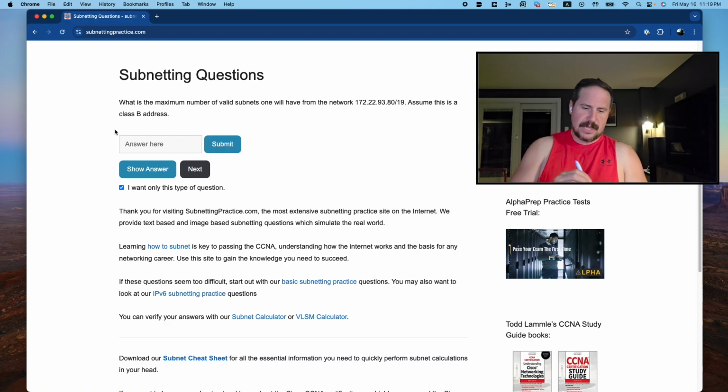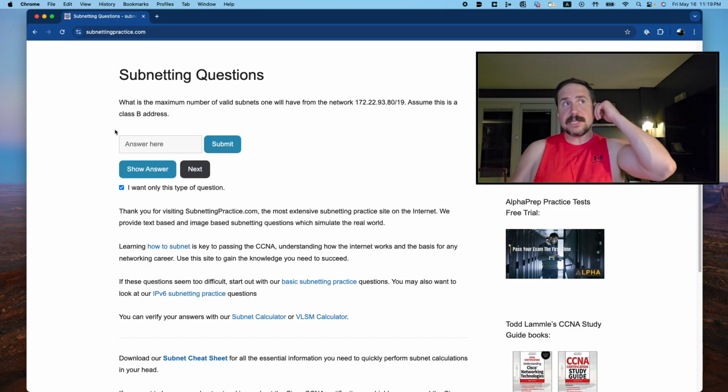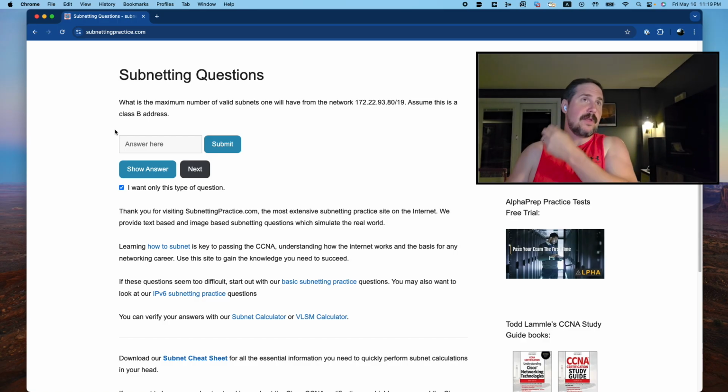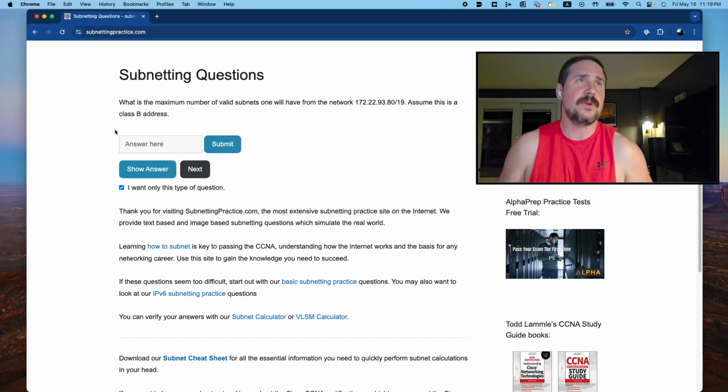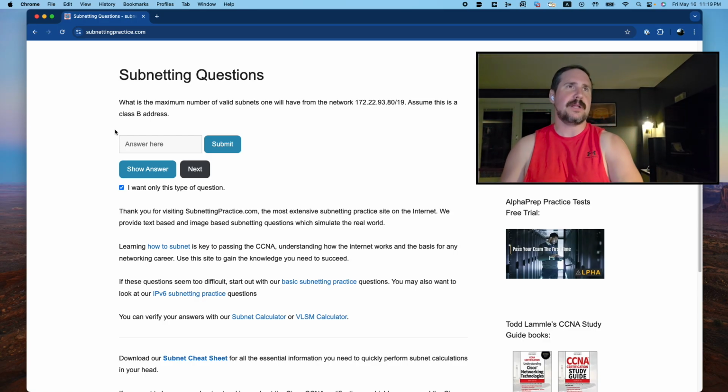So this time, let's focus on our initial very simple math, which can often, as you could see just then, go sideways. What is the maximum number of valid subnets one will have from the network 172.22.93.80/19? Assume this is a Class B address.